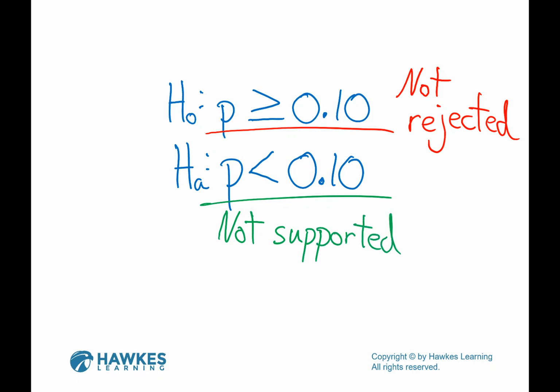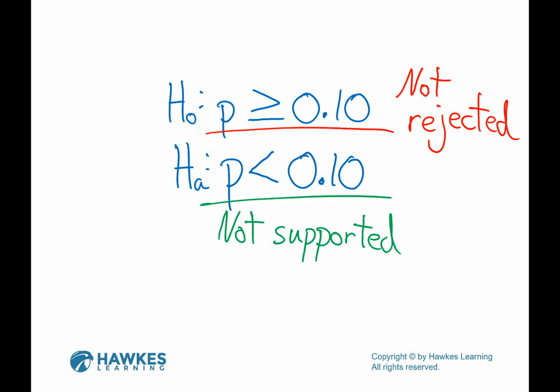Now here's something you have to be a little careful about. Does that mean the high school counselor was wrong? No. Remember, if we fail to reject the null hypothesis, that's a very weak statement. The strongest statement we can make when we fail to reject the null hypothesis is that there was not enough evidence in our data to support the alternative hypothesis.